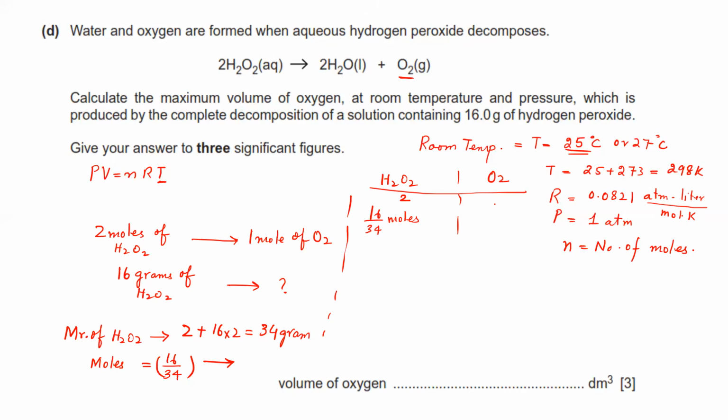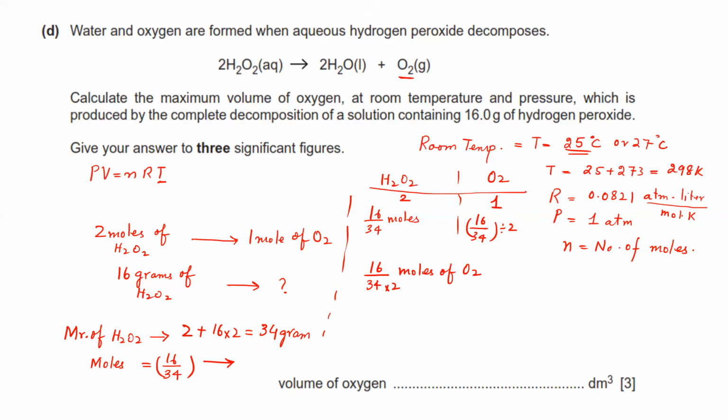So we have 2 moles of H2O2 providing 1 mole of O2. So for moles of oxygen, 16 by 34 divided by 2 moles of O2. So this is the value of N we'll be using.